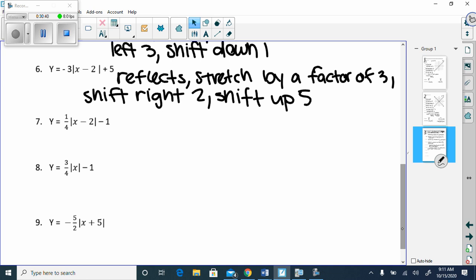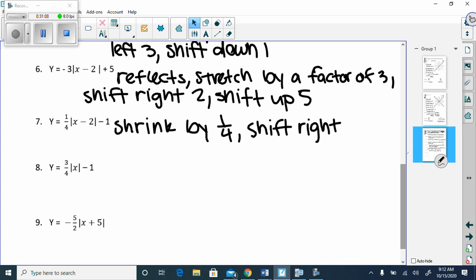Okay, number 7, we have 1/4 out in front. What's that going to do? So shrink by 1/4. Okay, and what's the -2 in the absolute value going to do? Good. And then the -1 on the end.